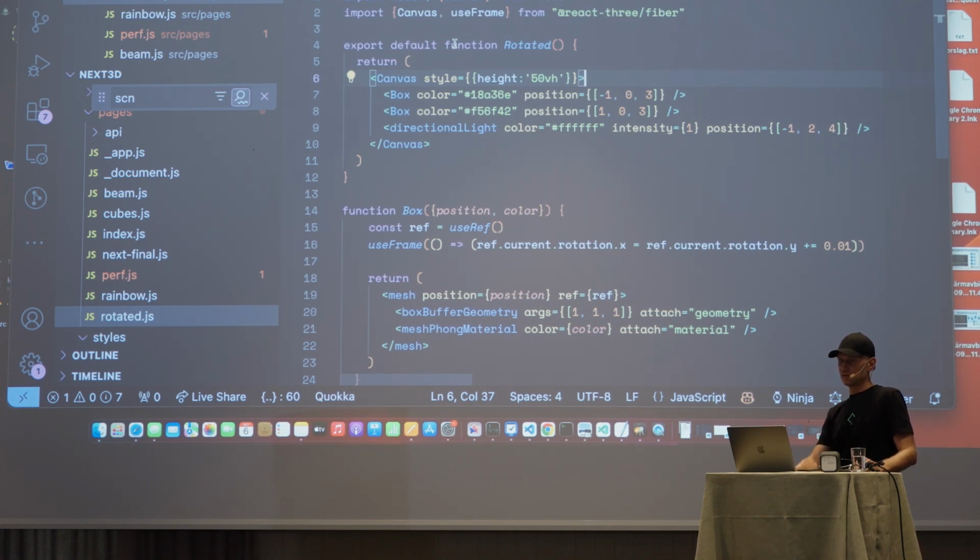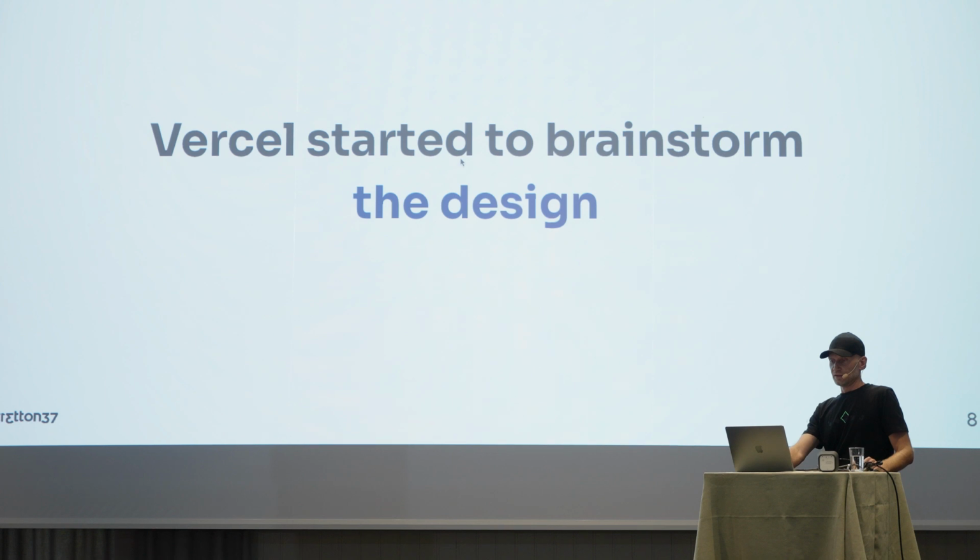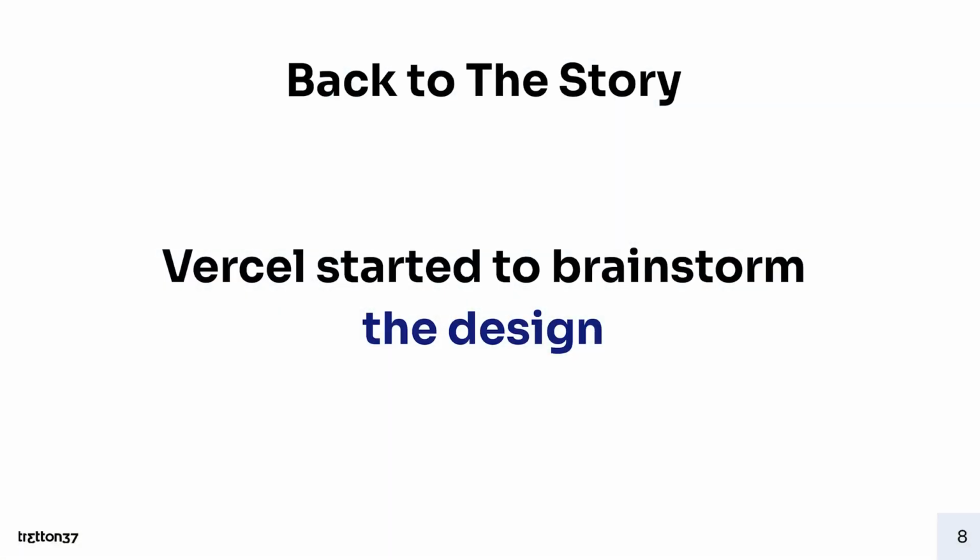It comes with a package that simplifies things. If you did this in Three.js, you would have maybe three or four times more code. So it's a really convenient way of doing cool stuff. It's just React components. But then, back to the story.